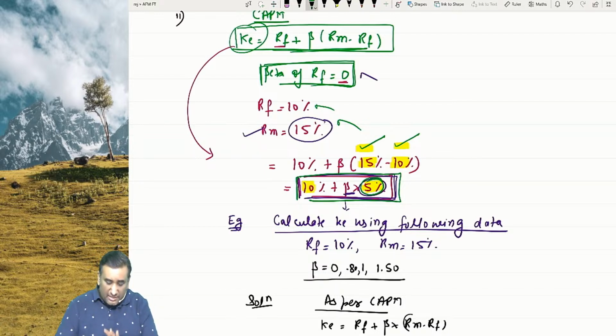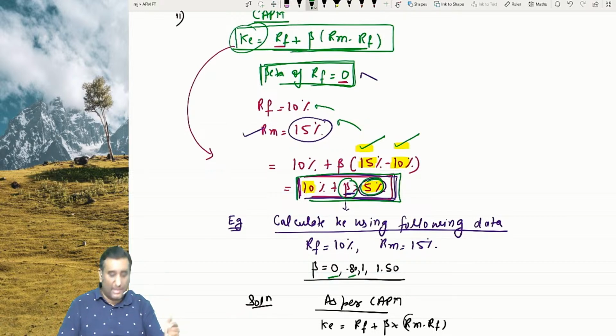So this equation tells me as I change my beta, if beta is 0, this means my return would be as good as RF. If my beta is 0.8, I'll get lesser return than the market. I get 5% extra return at beta equal to 1. At beta of 0.8, I'll get lower return.